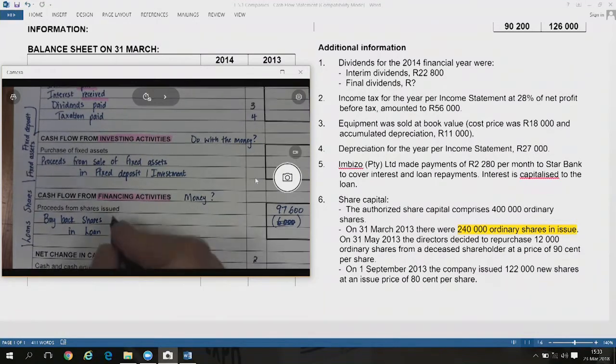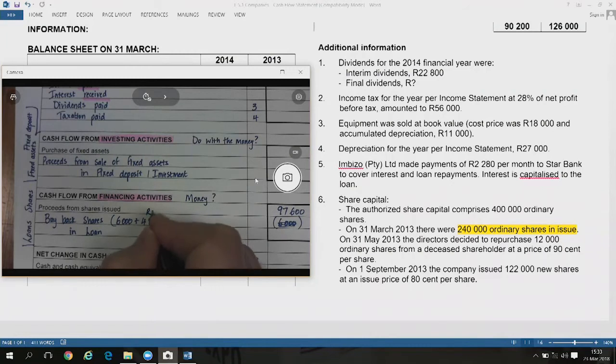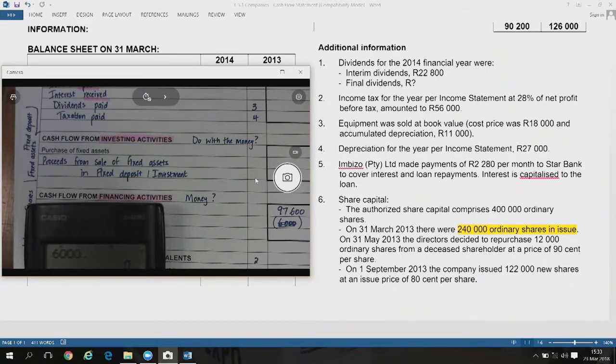There's two ways to do this. You can say 6,000 from the ordinary share capital and 4,800 from the retained income. Okay, so that gives us 6,000 plus 4,800. I think there's something, just give me a moment.